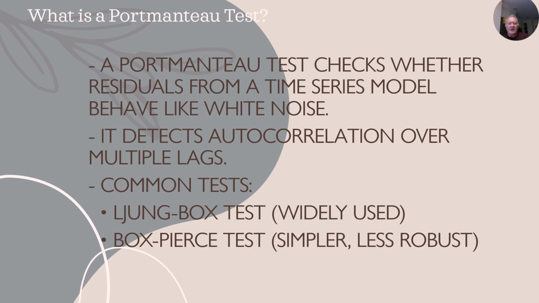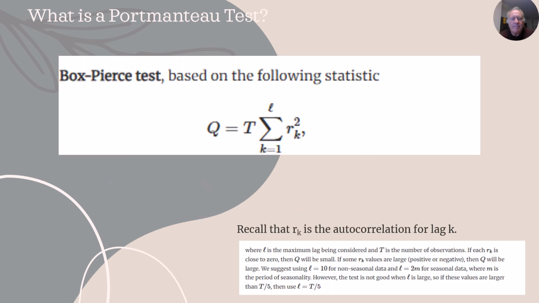There are other tests that we can use to check whether the residuals from the time series behave like white noise, and they detect the autocorrelation over multiple lags. Some of the common tests are the Ljung-Box test and the Box-Pierce test.